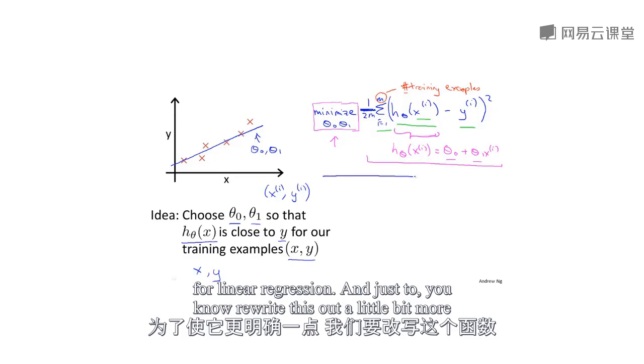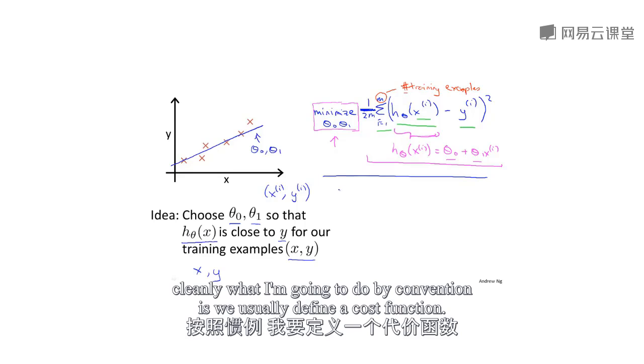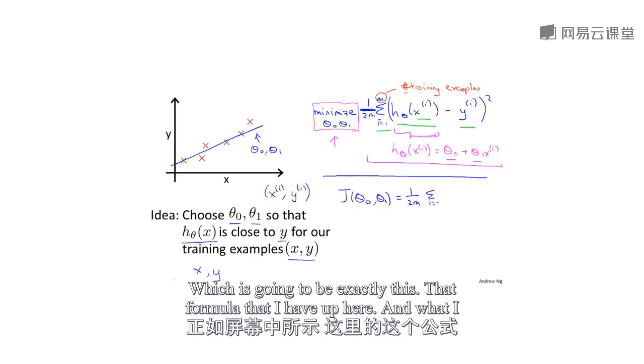And just to rewrite this a little bit more cleanly, by convention we usually define a cost function, which is going to be exactly the formula that I have up here.